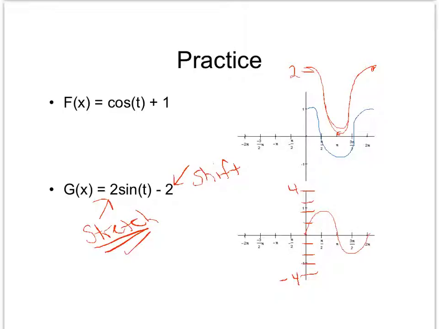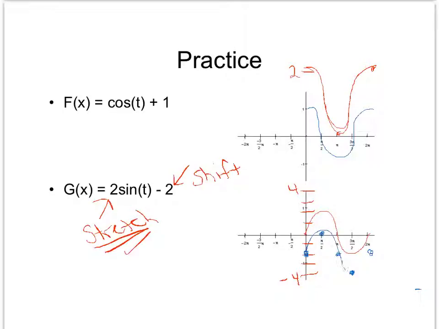Instead of starting at 0, I'm going to start at -2. Instead of peaking out at 2, I'm going to peak out at 0. Instead of being at 0 again, I'm down at -2. Instead of bottoming out at -2, I'm bottoming out at -4. And then we're back at -2 again.